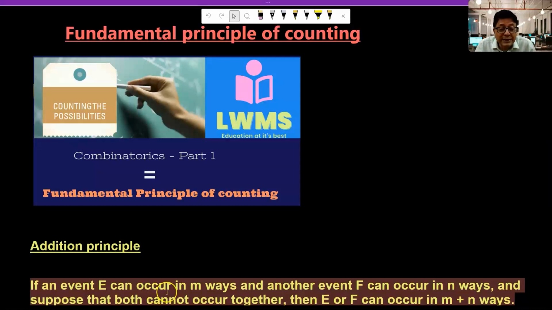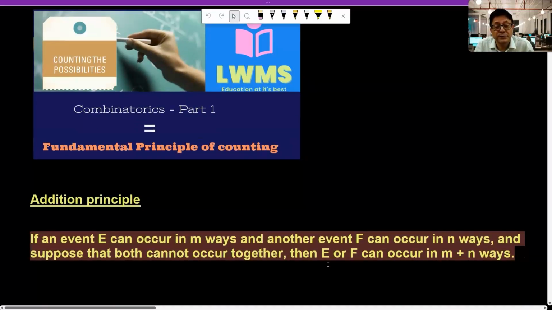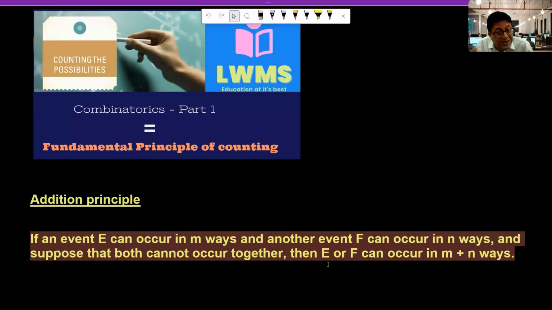One event E, suppose it can occur in m ways. Another event F can occur in n ways. And suppose that both cannot occur together. Either the first event or the second event, both cannot occur together. Then E or F, I mean the first event or the second event, can occur in m plus n ways.